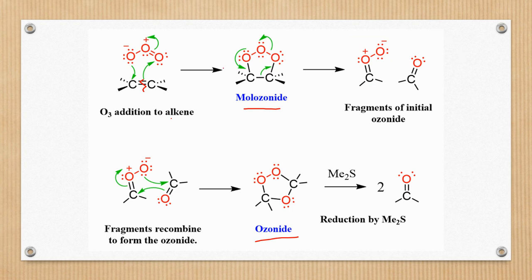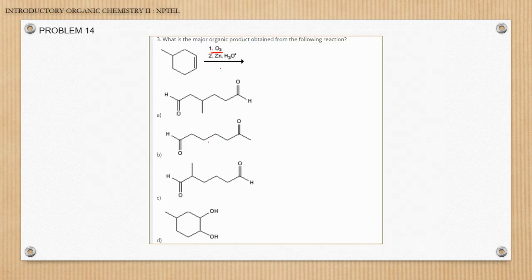And after the cleavage of your C-C bond, these fragments again recombine to give you the reduction product, that is the ketone. So now tell me what will happen here. Option A. This option is the correct one.